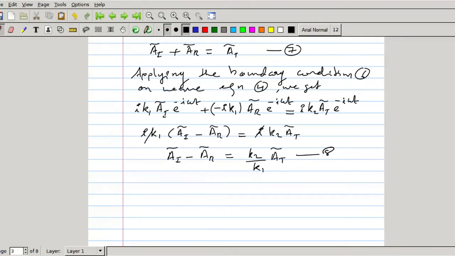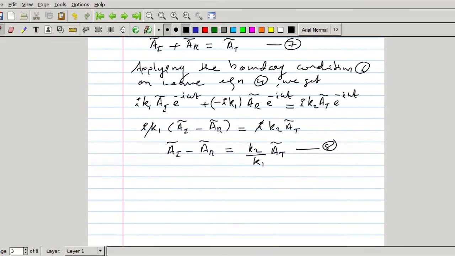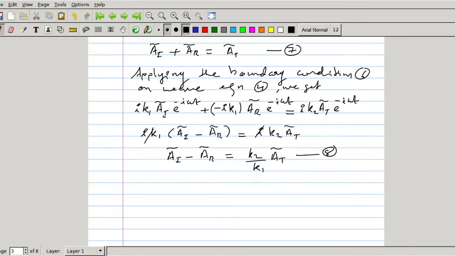Now solving equations 7 and 8, we can find the amplitudes of the reflected wave and transmitted wave in terms of the amplitude of the incident wave. For solving that, first I take equation 7 plus equation 8.